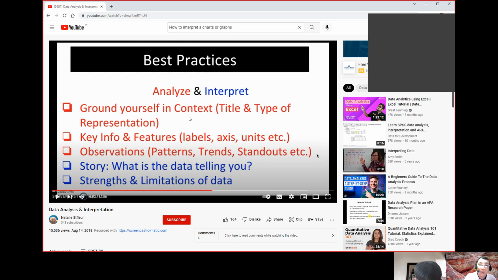So how are you going to ground yourself in that context? First, we need to know the title and the type of representation. That means it's very important to take note of the title. So if you happen to see a graph or a chart, the first thing you need to do is to analyze, and point your eyes first on the title part.